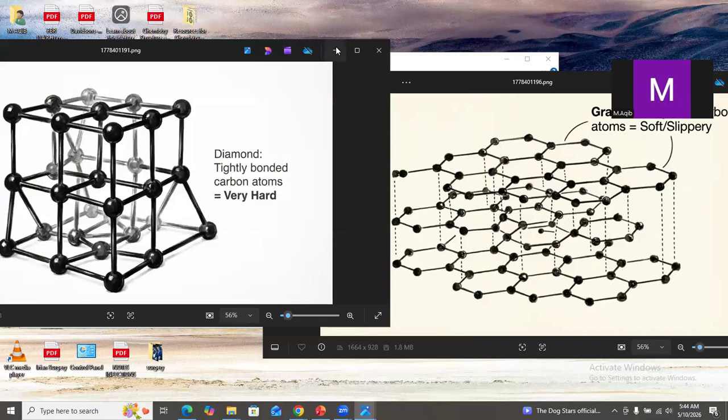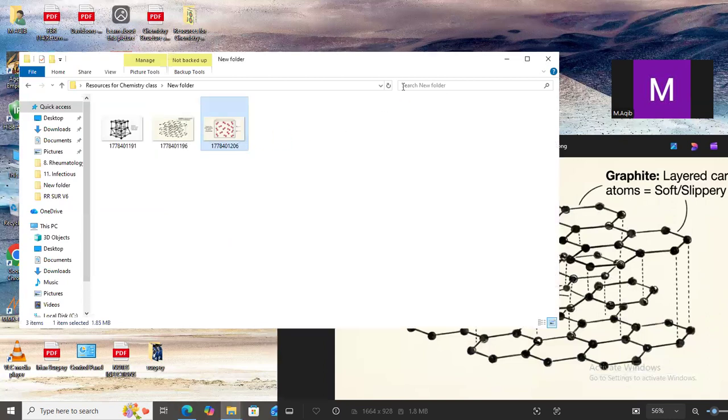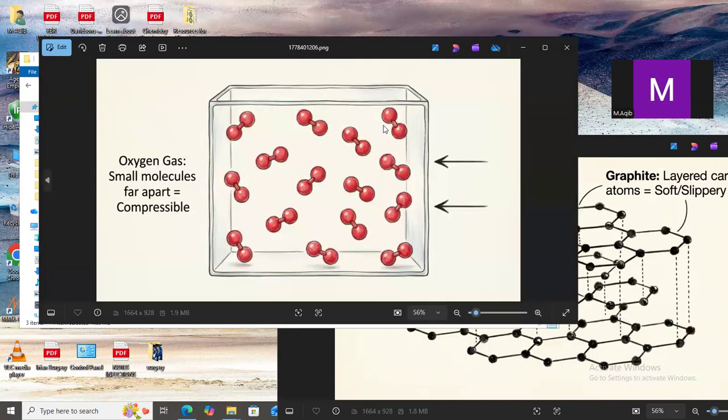There is another example of oxygen. Here are the molecules of oxygen gas, and this is oxygen bonded to another oxygen atom, which is called O2.